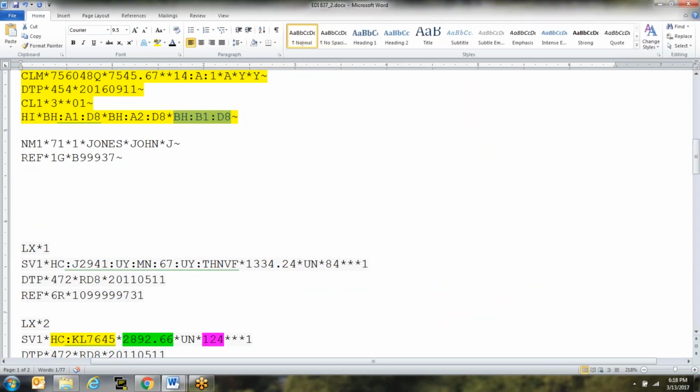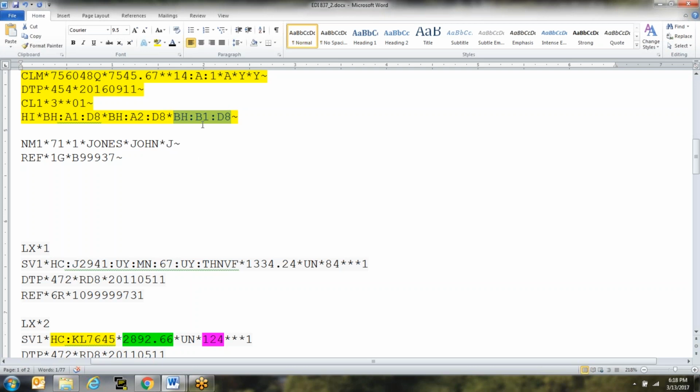So this is HI01. What is BHA1D8? I don't know. It's some ICD code for the actual medical problem. This could mean malaria, or hepatitis, or cancer. It could mean any of these ICD codes.